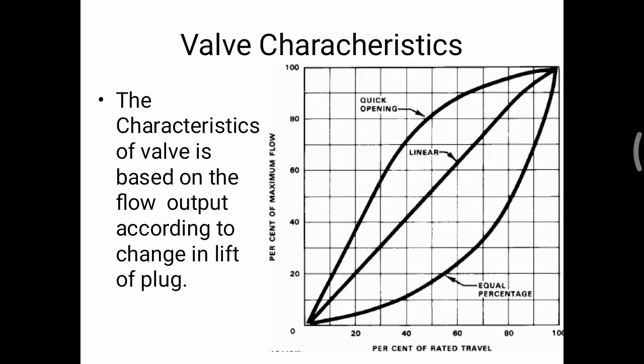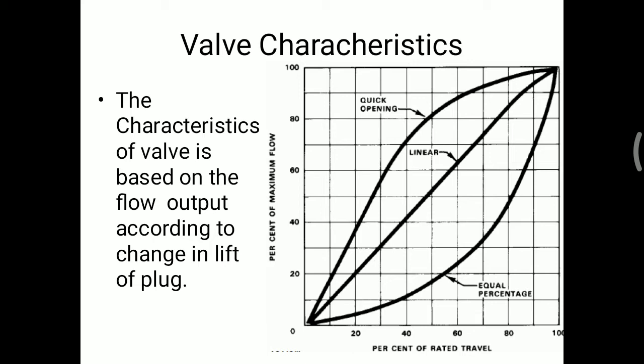There are some valve characteristics. The characteristics of valve is based on the flow output according to the change in lift of plug. Hence, if the plug is open, we visualize how the flow changes.